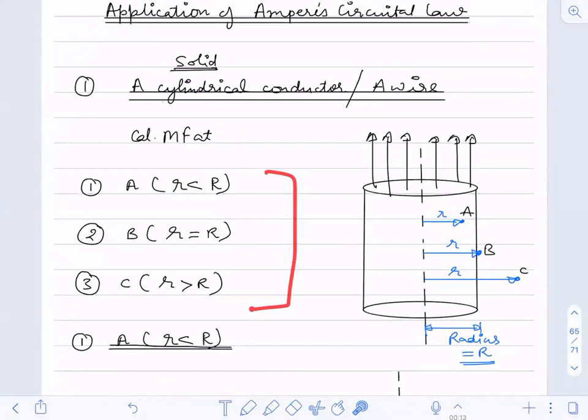So the point A is inside the conductor, point B is on the conductor, and point C is outside the conductor. In these situations, we had tried to calculate the magnetic field.